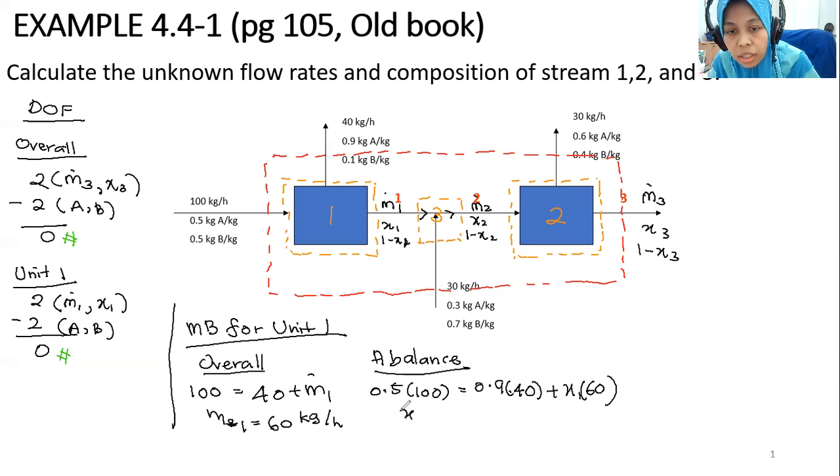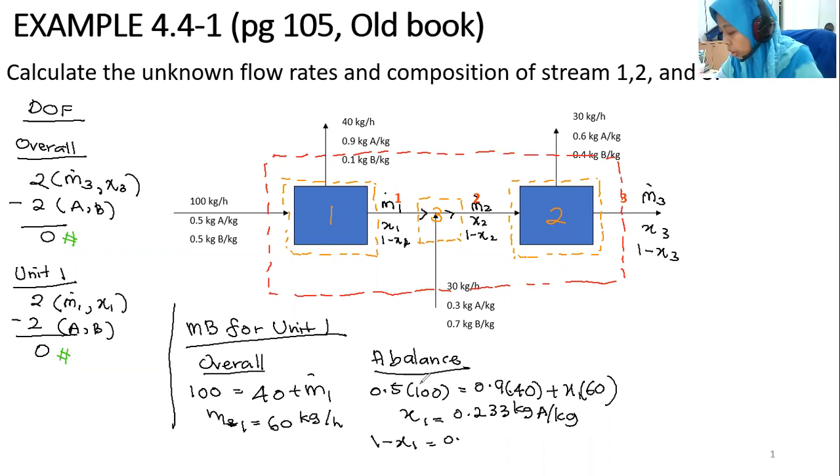So you get x1 equals 0.233 kg A per kg. Automatically 1 minus x1 equals 0.767 kg B per kg. So you have already solved M3 and M1.